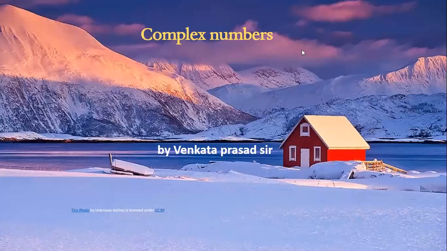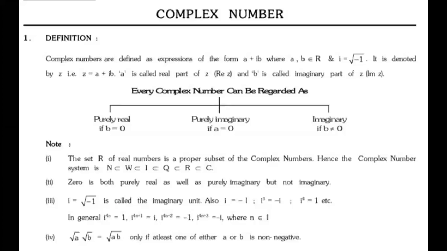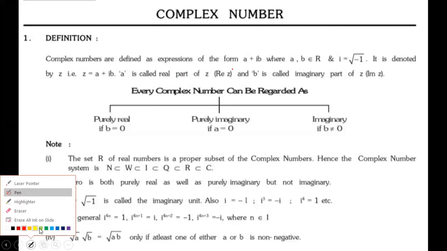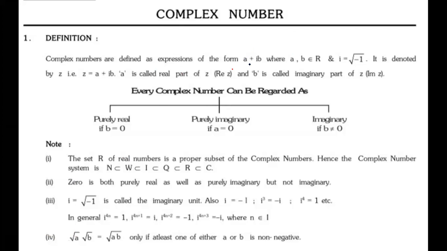Today we are going to discuss complex numbers. Let us see, first of all, what is the definition? A complex number can be expressed in the form a plus ib, where a, b are real numbers and i is equal to root of minus 1.